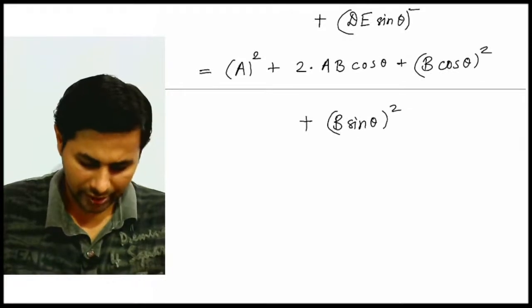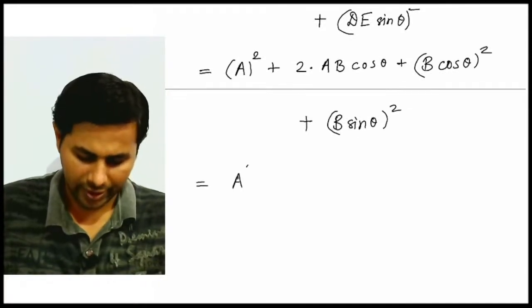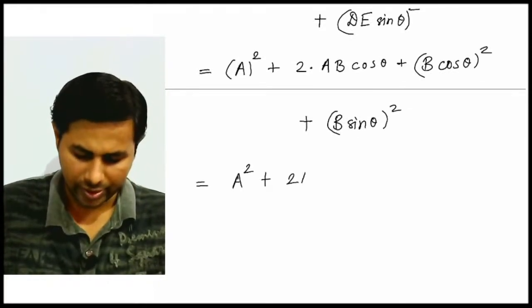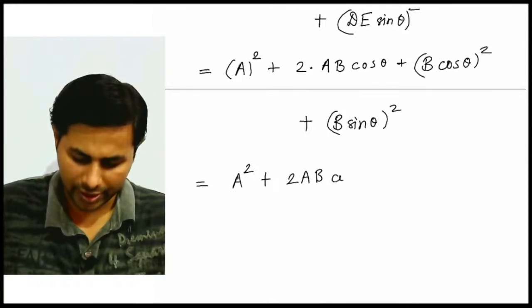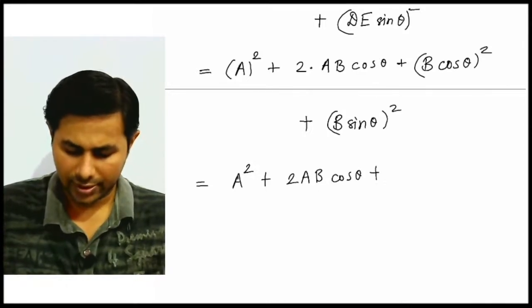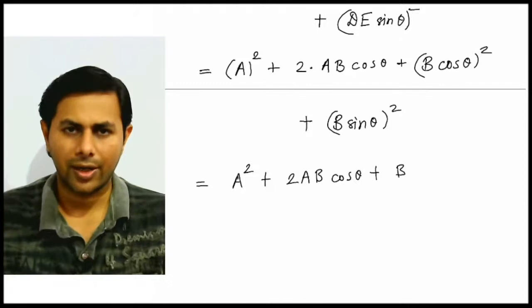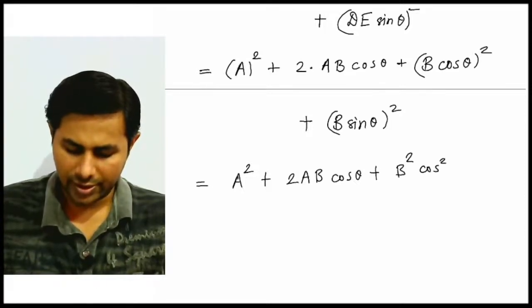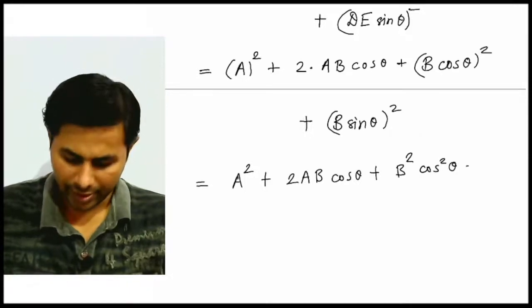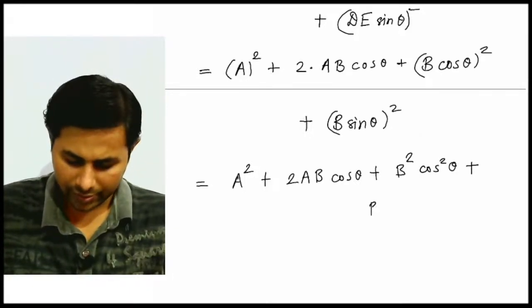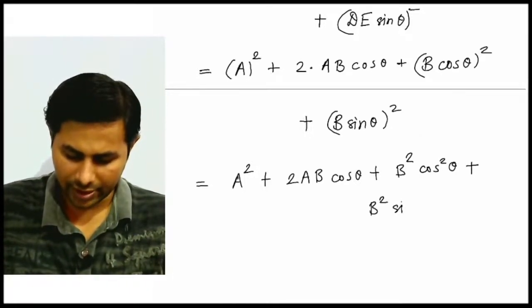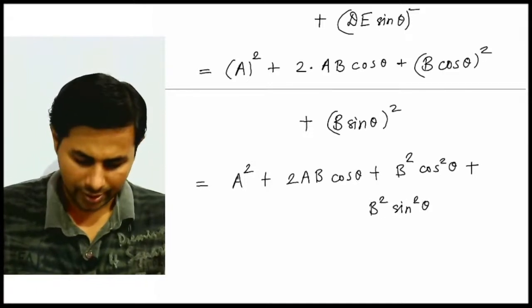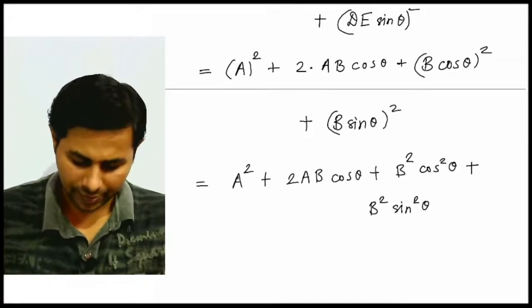So this can be written as A squared plus 2AB cos theta plus B squared cos square theta plus B squared sine square theta, which is this term.